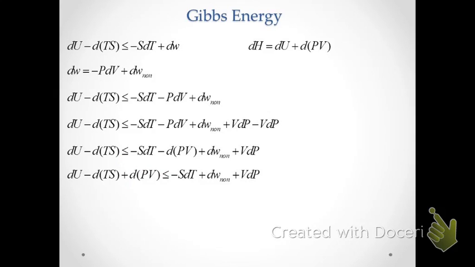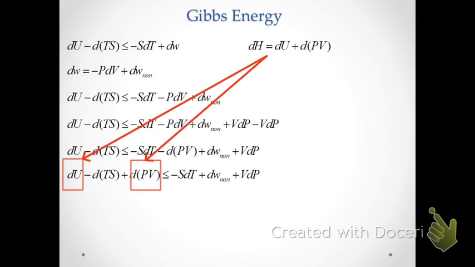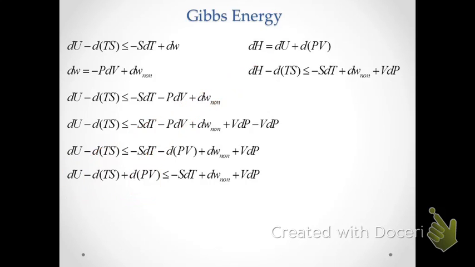Now, if we use the definition of enthalpy, we have dH is equal to dU plus d(PV), and if we look down here at our expression, we'll find that we actually have those terms, so we can combine those terms to give us dH, which simplifies our expression a bit.